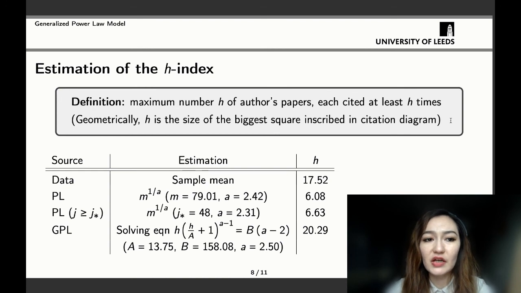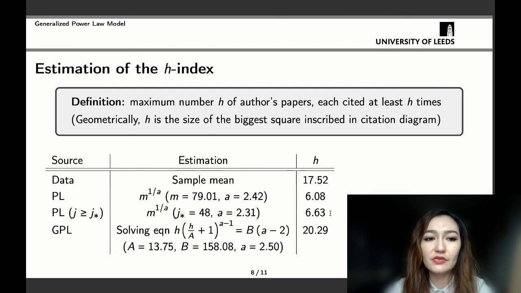We can see that the average citation of the 113 authors is 17.52, and the non-truncated power law gives 6.08, and the power law with truncation gives 6.63.